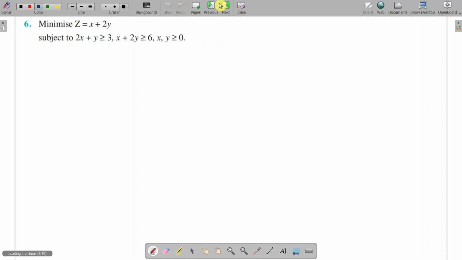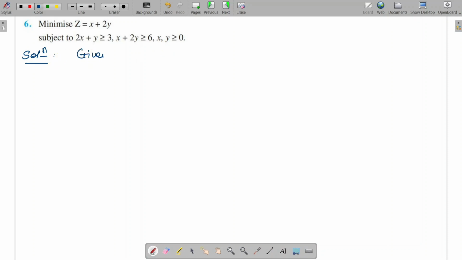Now let us go to the next problem. The sixth one: minimize z equal to x plus 2y subject to 2x plus y greater than or equal to 3, x plus 2y greater than or equal to 6, x, y greater than or equal to 0. So let us solve this. Let us write what is given.